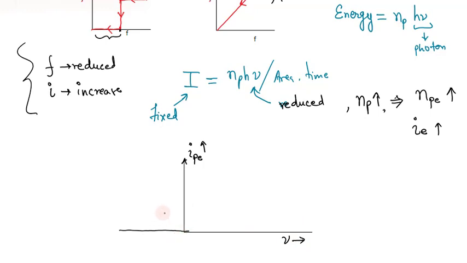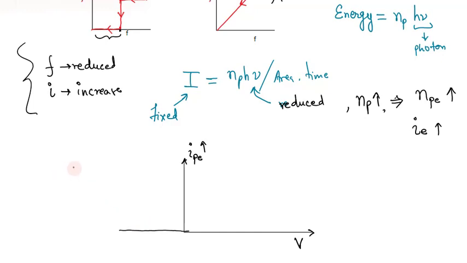Sorry, here is a slight correction. This is not frequency. We should plot it against applied voltage at different frequencies. So here is the applied voltage which you apply across the terminals, cathode and anode.